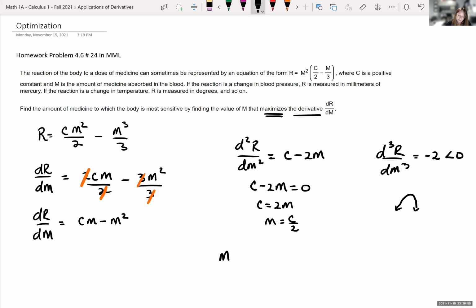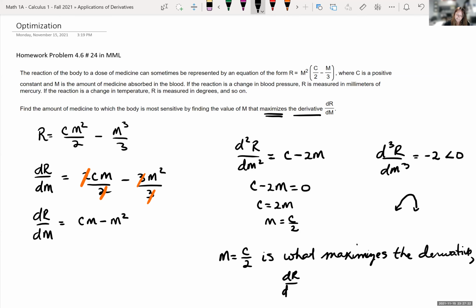So m equals C over 2 is what maximizes the derivative, which we can denote as dR over dm.